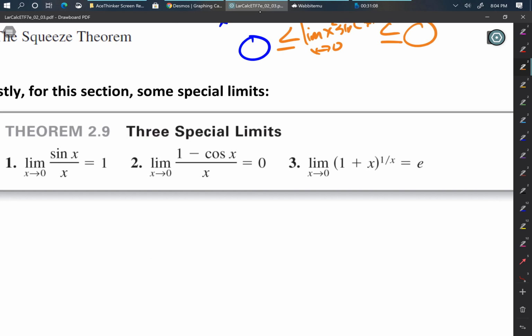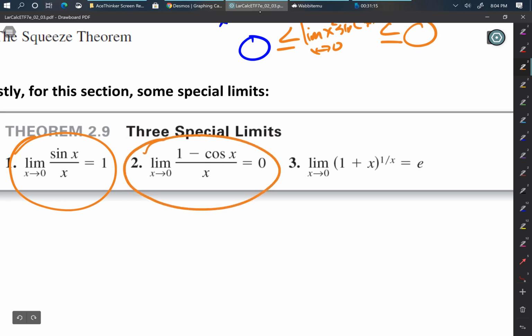Sine of x over x as x approaches 0 is 1. 1 minus cosine x over x as x approaches 0 is 0. And this one, not as important as the other 2, but we do run into it: 1 plus x raised to the 1 over x as x approaches 0 is e. It's actually one of the definitions of how that number e has been found.